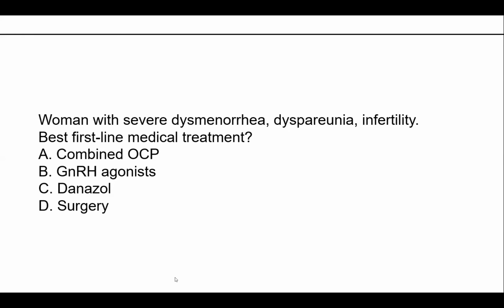I think this question was discussed previously. That's why I wanted to boost up that thought. GnRH agonist will completely cause a medical menopause. So for a person who is planning for fertility, we will not go with the GnRH agonist. As for surgery, there is more manipulation of the ovarian tissue.